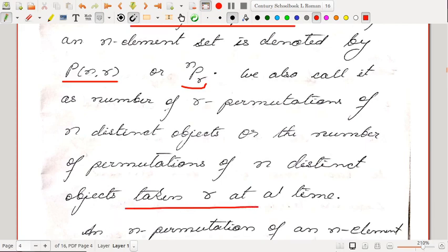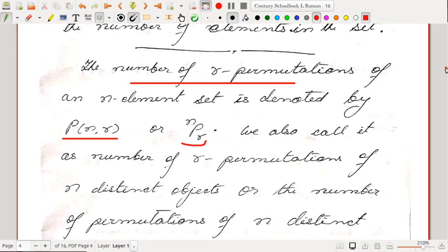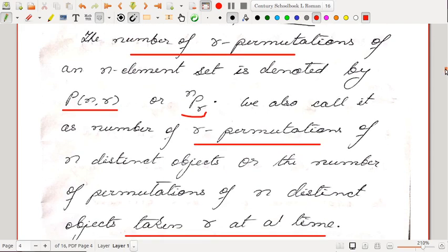Usually this is the language that is used in higher secondary classes. So that is denoted by nPr.